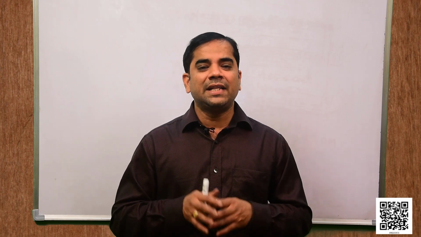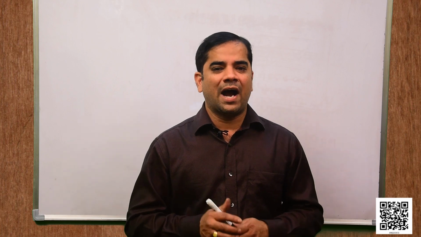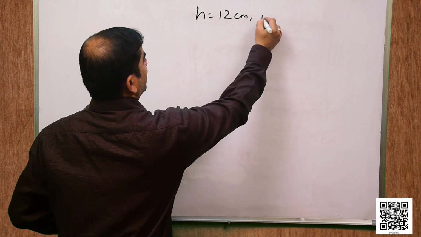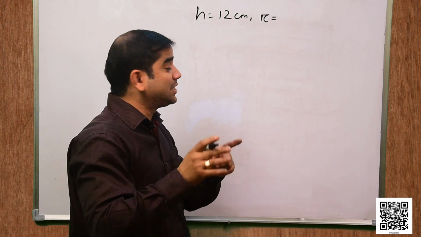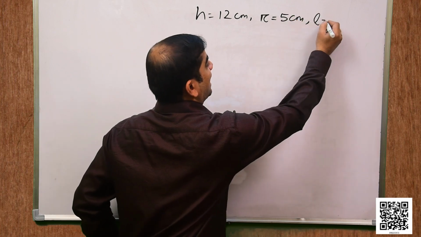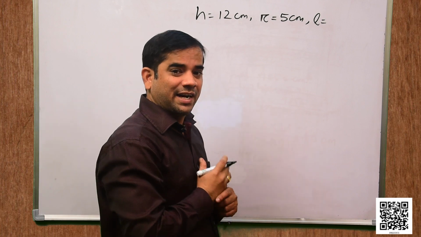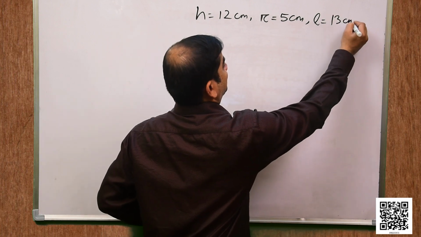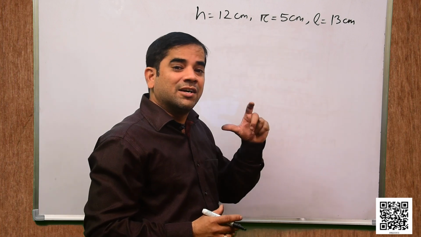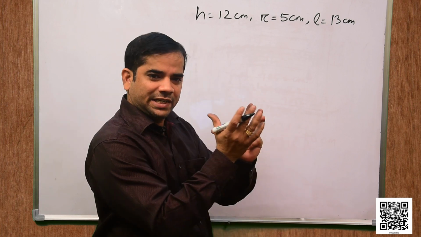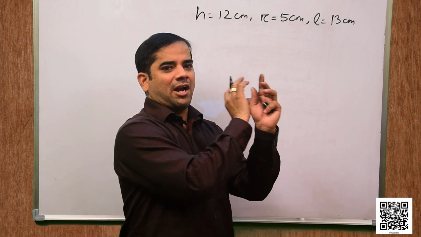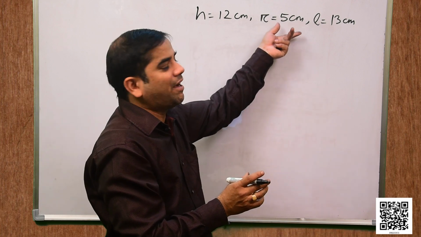So, in that case, for the cone we have h equal to 12 cm, r, that is our radius, is one of the sides, that is 5 cm, and the slant height is the hypotenuse, that is 13 cm. So, we get this data from the right angle triangle, because the triangle is revolved around the side, with a base radius of 5 centimeters.